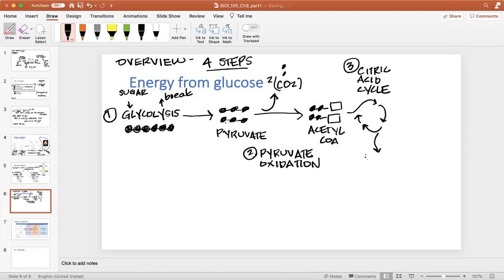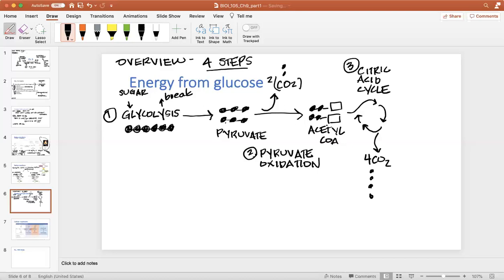So you're eventually going to lose 4 carbon dioxide, okay? So each time this goes around with a molecule of acetyl-CoA going into this set of reactions, you lose 2 CO2. So if it does it twice, you ultimately lose 4 CO2. 1, 2, 3, 4.